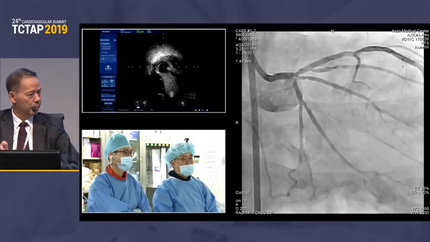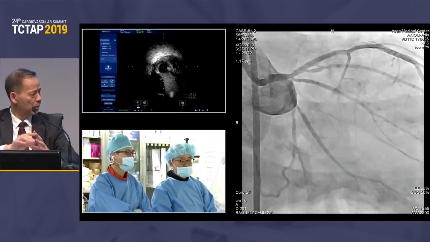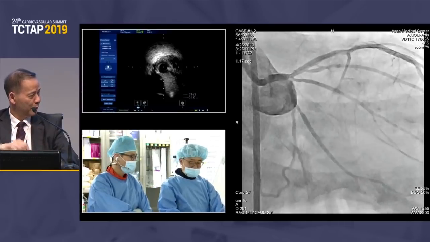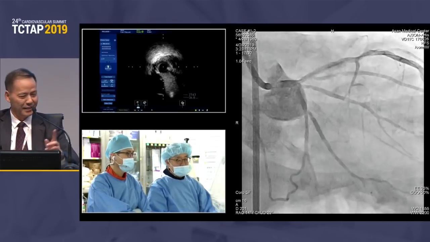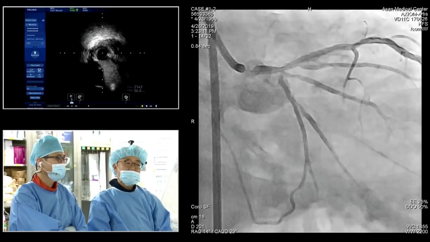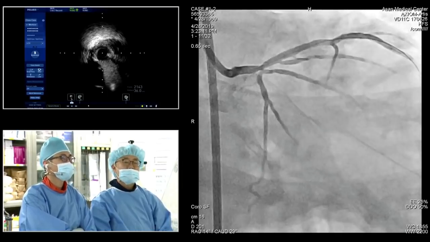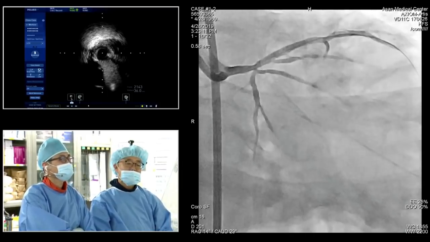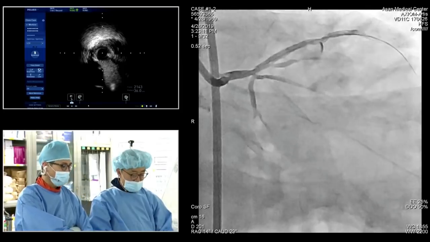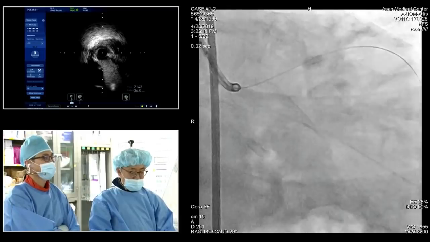You want a single stent? Yes, I prefer a single stent, but we have to know there will be some difficulties if we need to transfer to TAP. All right. Yeah, right.